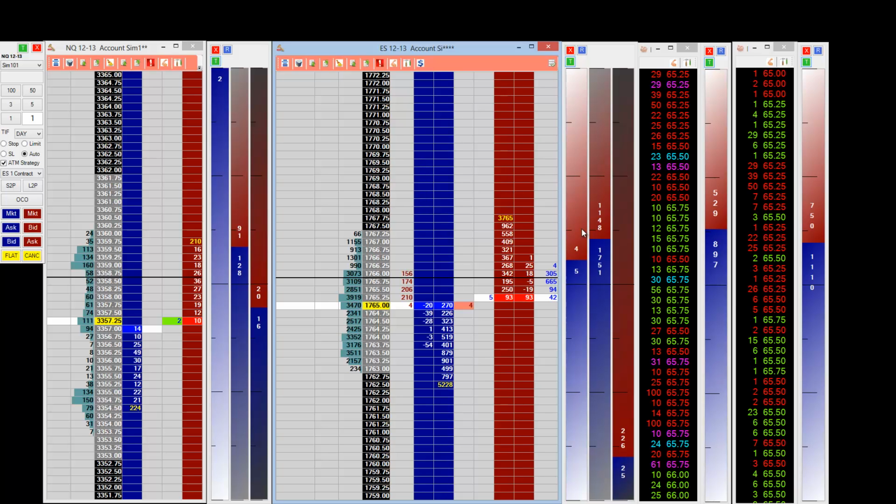Now, why would you reset that? Well, the reason you'd reset that is if you were coming into a level that you're interested in, you might want to just focus on the way the trading's changing as it gets into that level. If you've got this running since the open and you're at 1030, you might see 50, 60, 70, 80,000 contracts each side.